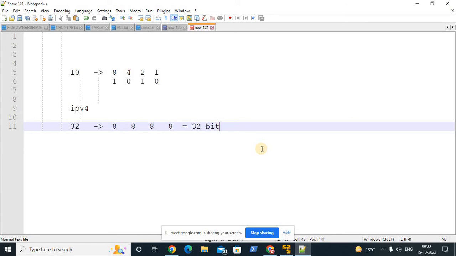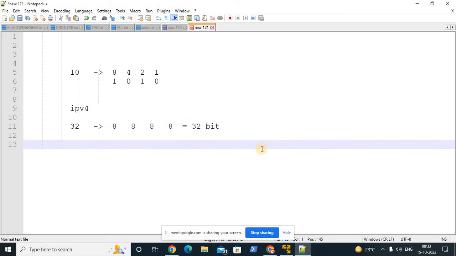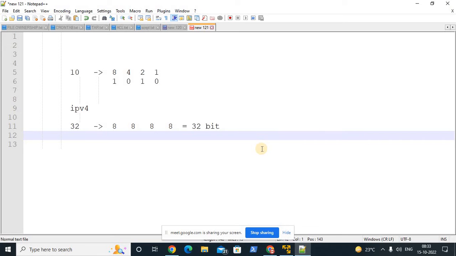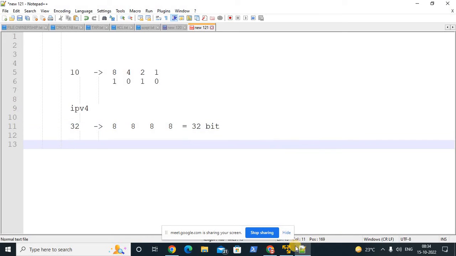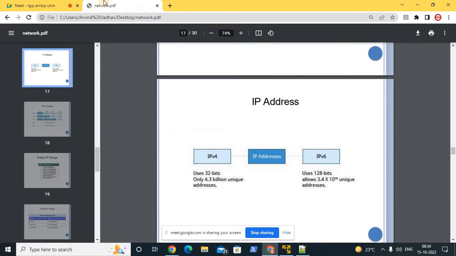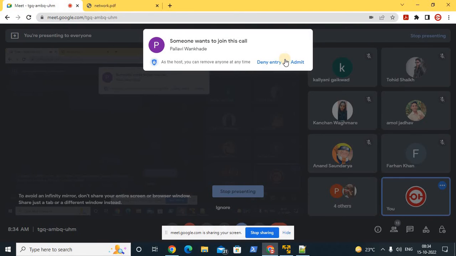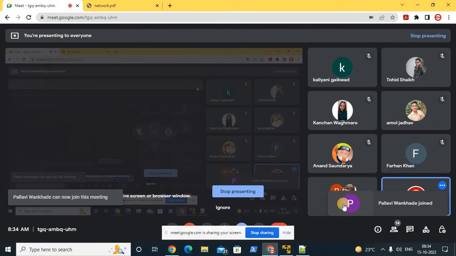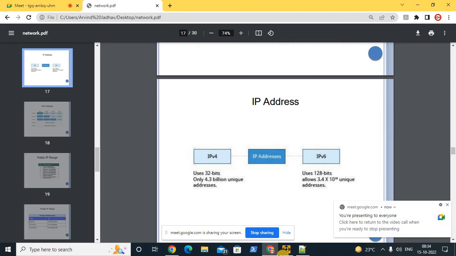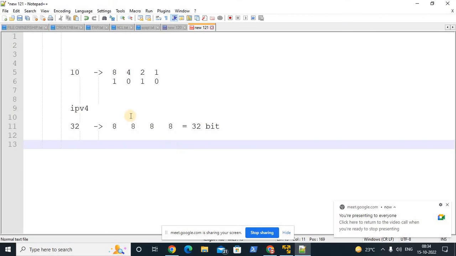That means the bits are divided into 8 bits, 8 bits, 8 bits, and this 8 bit contains the information.